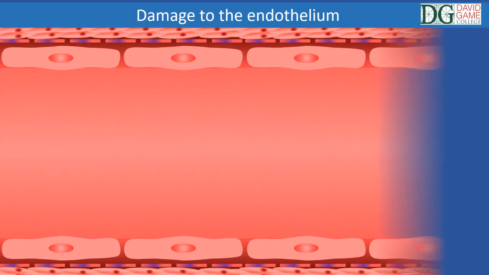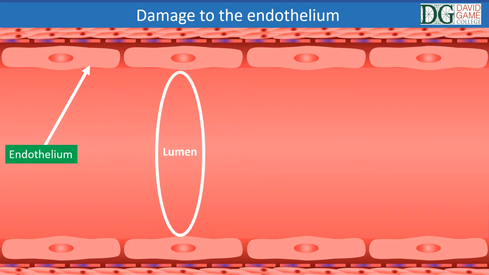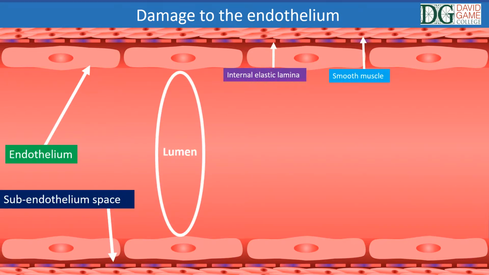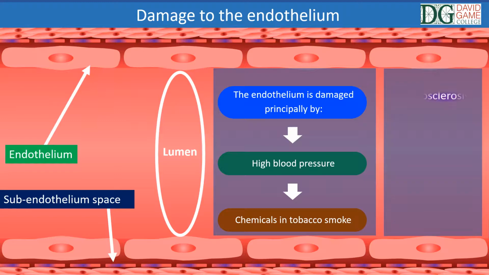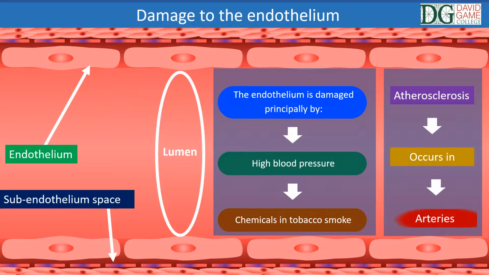The endothelium is the layer of cells lining the lumen of the artery. The endothelium is damaged by a number of risk factors, principally high blood pressure and chemicals in tobacco smoke. Atherosclerosis occurs in arteries and not veins because in arteries the blood flows fast and at high blood pressure, so damage to the endothelium is more likely, and this initiates the inflammatory response.